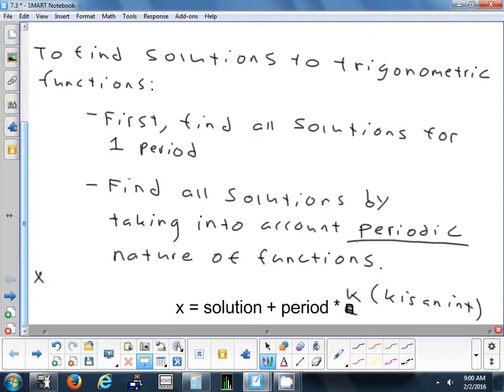So if you had a problem like this, just to use simple numbers, you're saying there's an answer at 4 plus every integer multiple of pi. You can't add half pi. You can add 1 pi to 4, you can add 2 pi, 3 pi, 7 pi, but you can't add half pi. k has to be an integer.